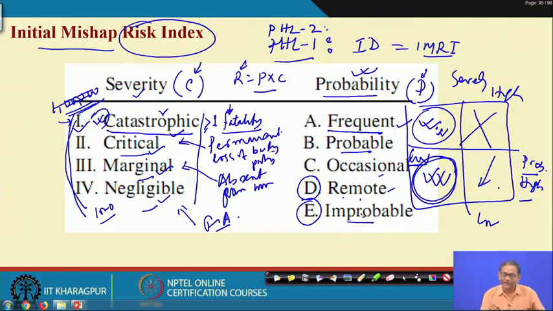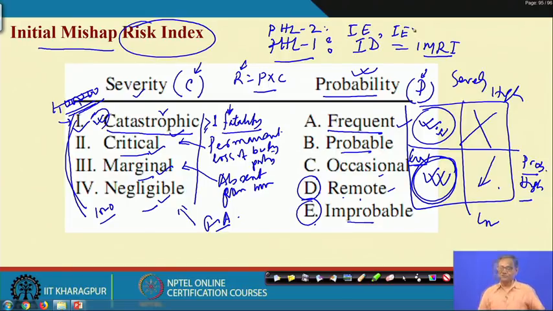Suppose the second one, the tank rupture, that also will be catastrophic, but its probability is again remote or improbable. Maybe when the torpedo is being handled, if there is a fracture or rupture in the torpedo, it may again lead to catastrophic, but it may be improbable.